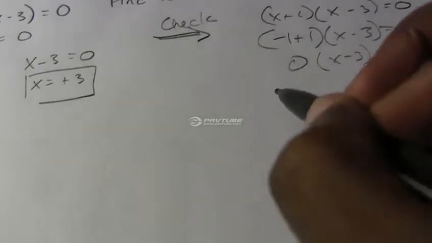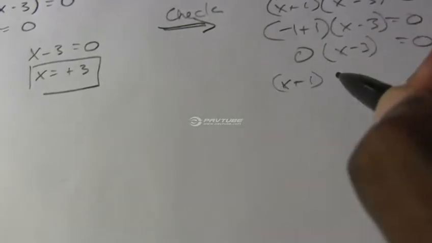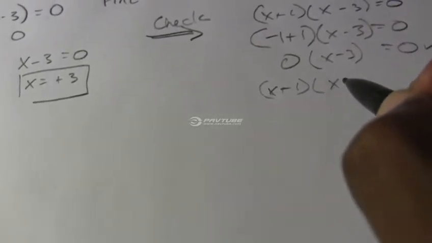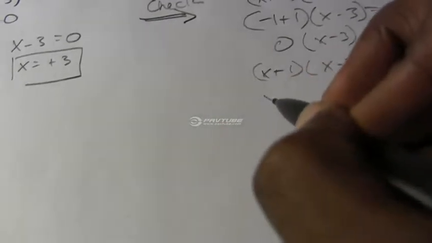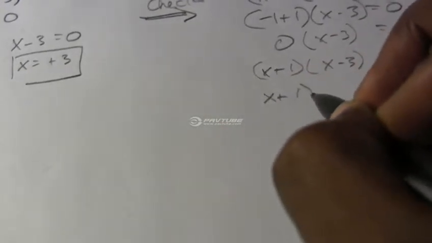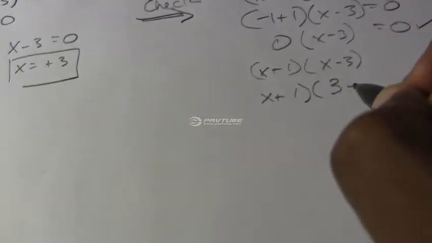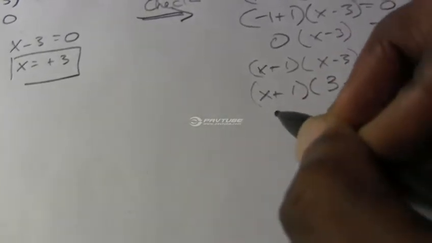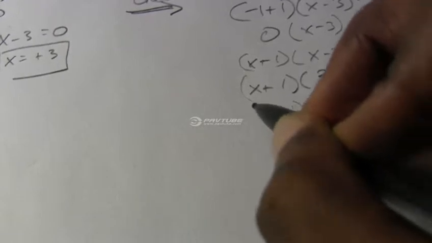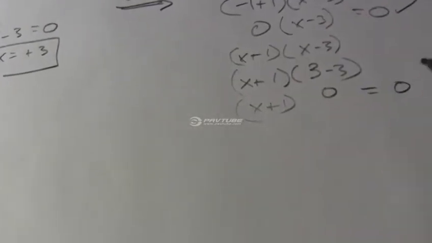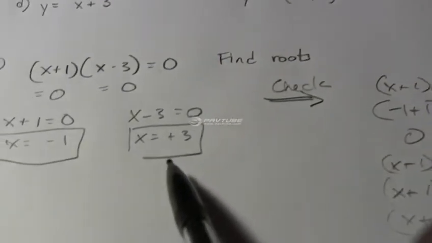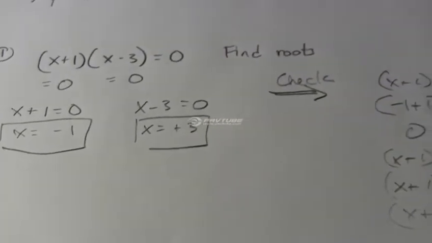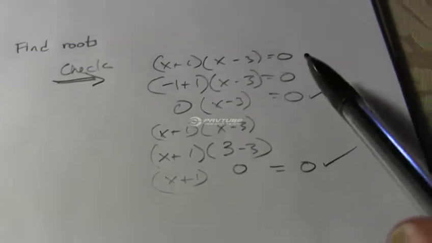That one's good. Come back, x plus 1, x minus 3. We say that x is plus 3, so x plus 1 and 3 minus 3. This is 0. So we're good. That's just a simple check. You basically take these roots that you found, sub them back in, and that tells you that you're right.